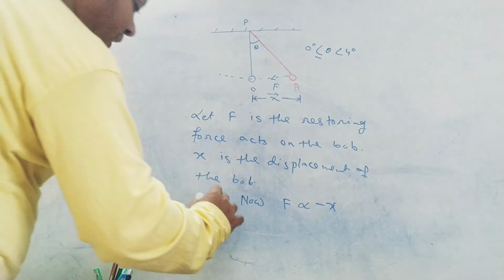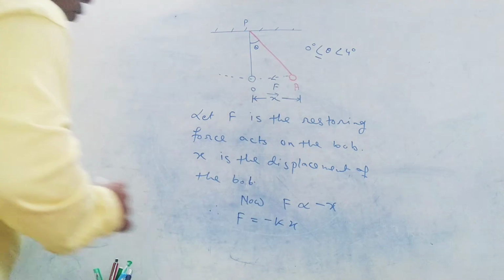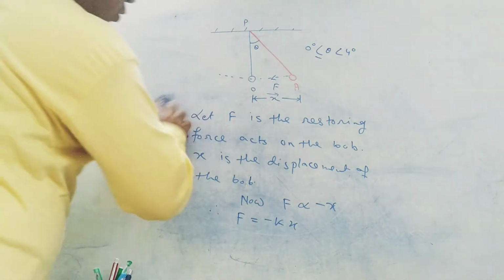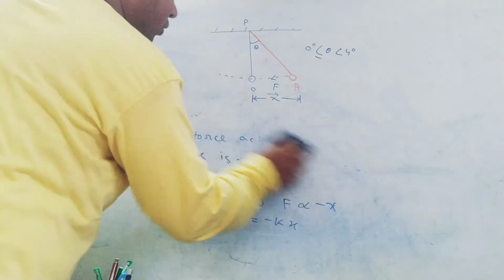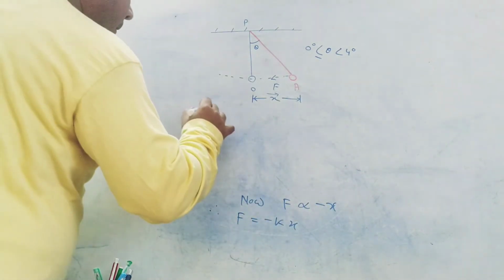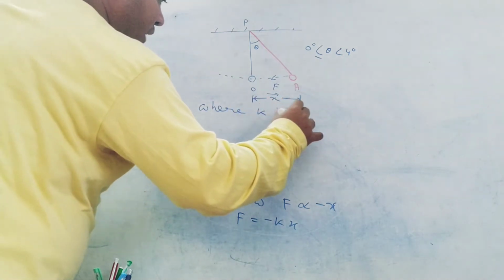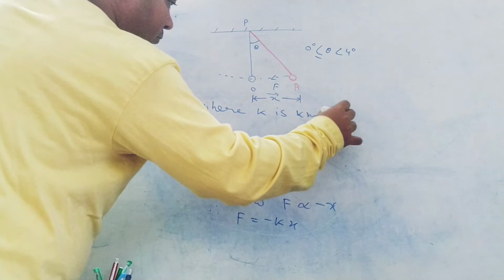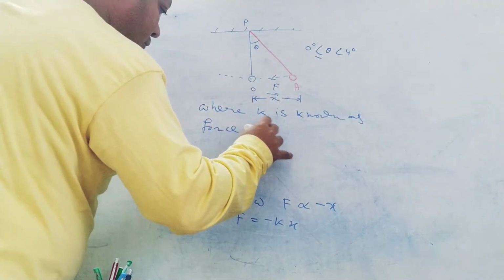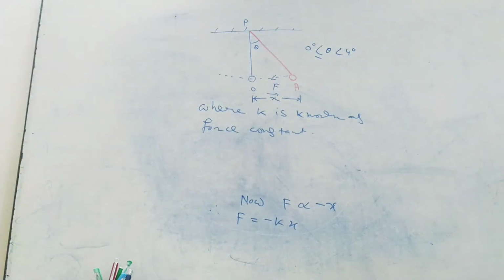Therefore F is equal to minus kx, where k is known as the force constant.